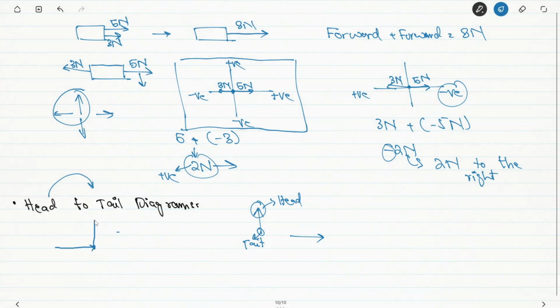So just like this, the tail of the second force started with the head of the first one. So its tail is on its head and its head is here. So now we have both our forces, and the resultant force is like this, and a full triangle is made, and the resultant force is in this direction because it's going to the right and it's going upwards, right? So right and upwards, this is the direction of resultant force.